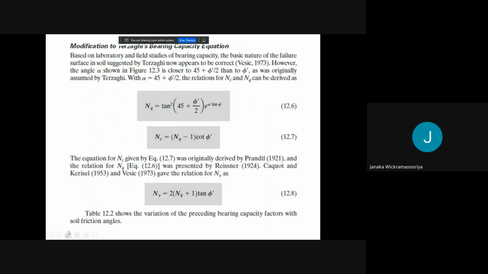Or else you can use these equations to determine Nc, Nq, and N gamma values if the phi dash value is given. If you need anything to note down, you can note them down.